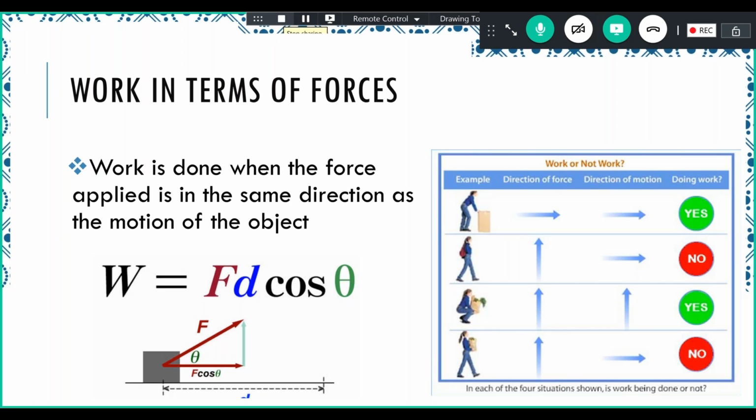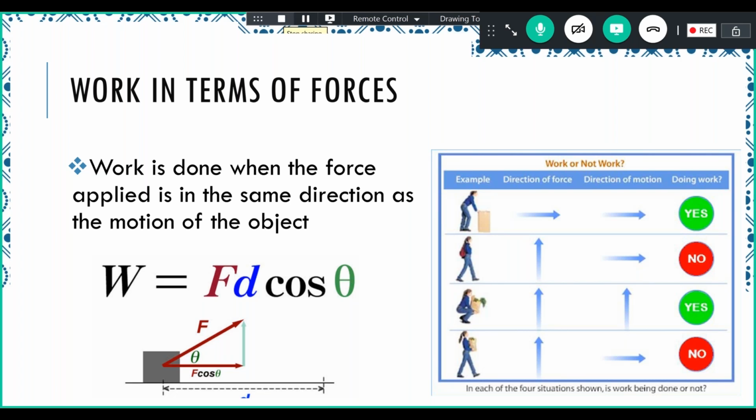So work is done when the force applied on an object is in the same direction as the motion of the object. So a usual formula for work in terms of forces is work equals the force times the displacement times cosine theta. The reason we have cosine theta here is because if you look at that picture below the formula, we have a force. It's pulling at some angle, a little bit horizontal and vertical.